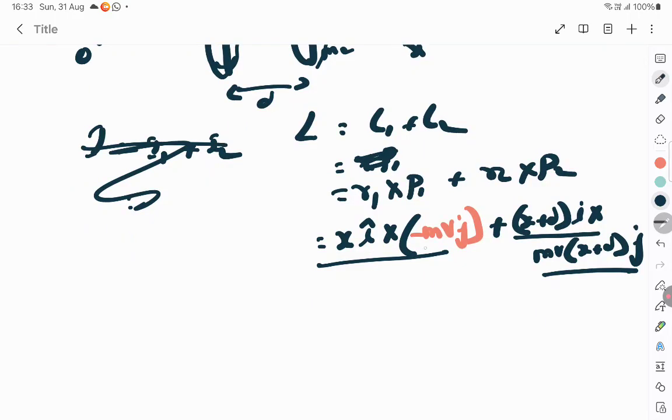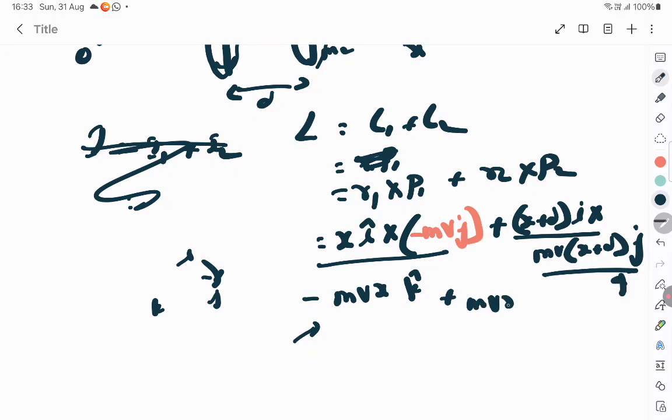So when you solve this, an i cross j is there. What is i cross j? i, j, k. i cross j is k, so it will be mvx with a k cap, and the negative sign shows that it's the negative z direction. And look at this, you're going to cross an i cross j. What is i cross j? Again it's a k, but positive k. So you get mvx into i and mv.